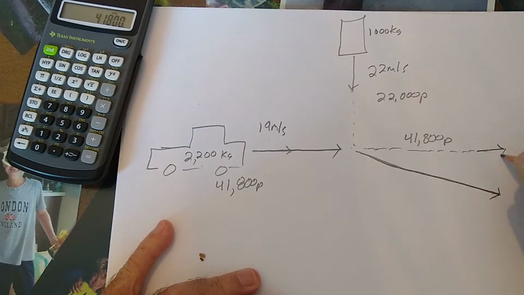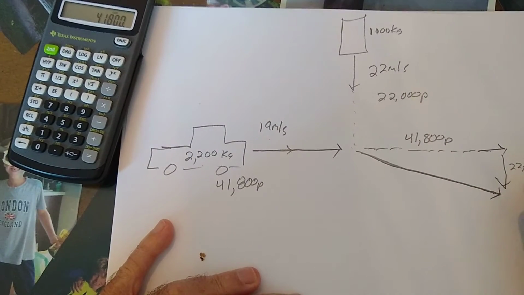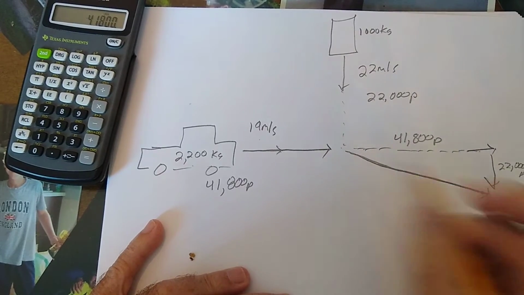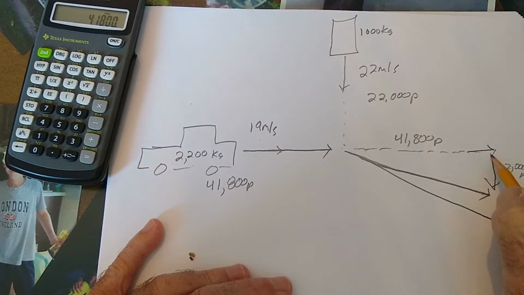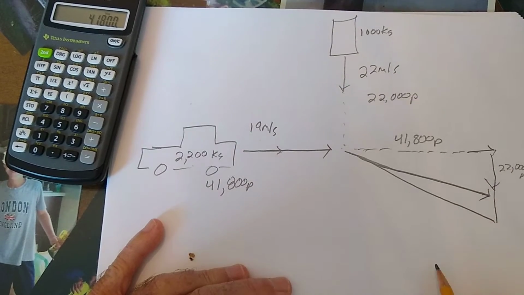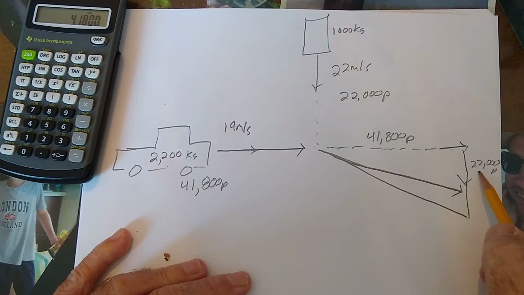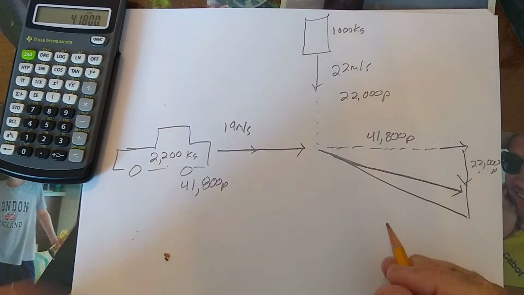And now this side of the triangle is going to be 22,000 P. And that's not really drawn to scale, but, you know, we're all doing guesswork here at the beginning. I guess it would look a little more like that. Don't you agree? I hope you understand what I mean by this. If this is 22,000, that's 41,800. This side would need to be a little bit longer.